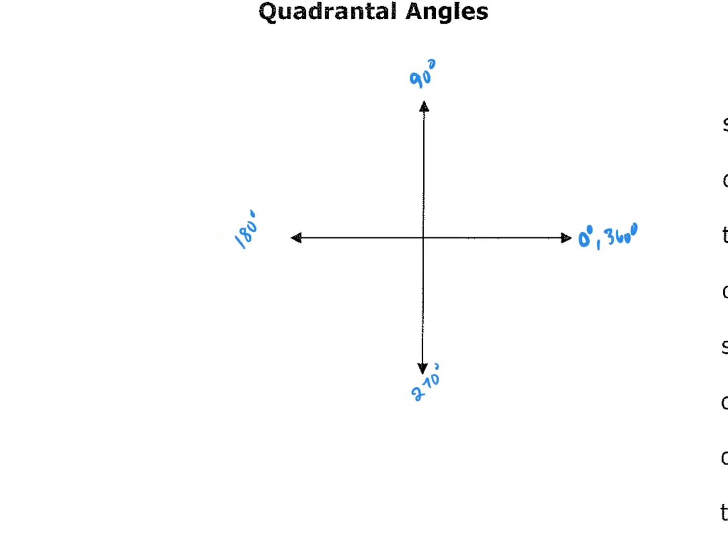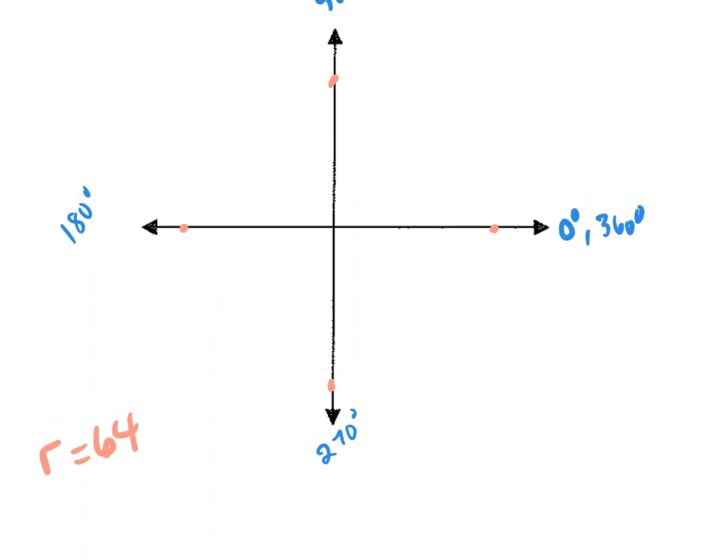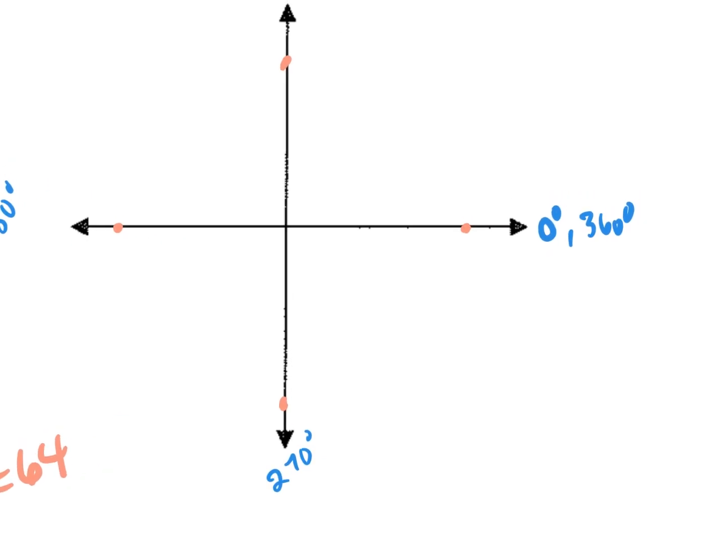So I want to think about going out a distance, a radius of 64 units, right? So I want you to think about the fact that that means at 0 and 360 degrees along that axis, that means we would go out 64, and then we're not going up or down. So we're at 64, 0, right?